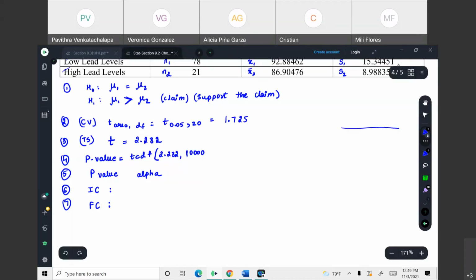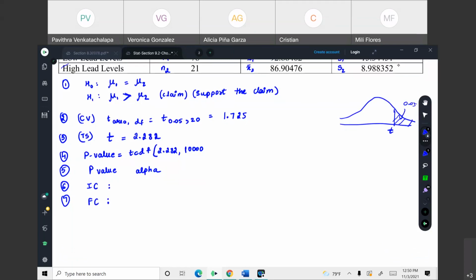So this is a right tail test because it is greater than, so the area will be here, 0.05. Now, if you want to calculate the t-score, you do 1 minus 0.05, right? Okay.